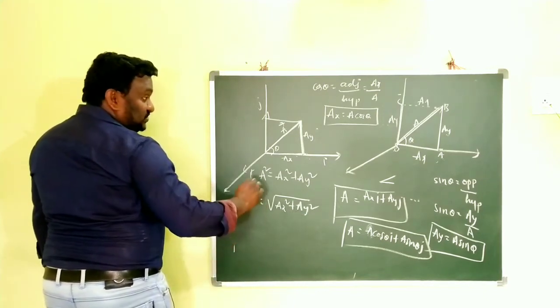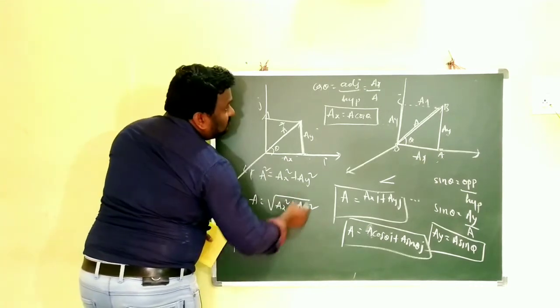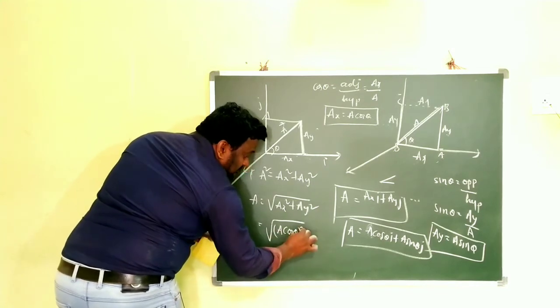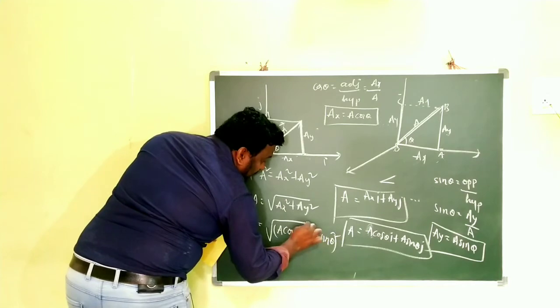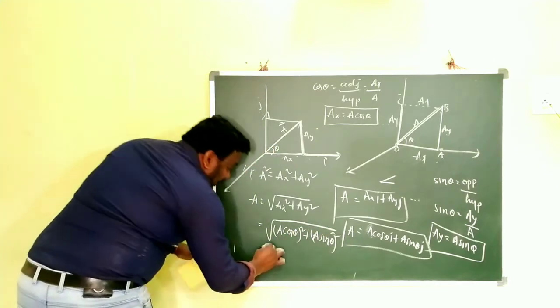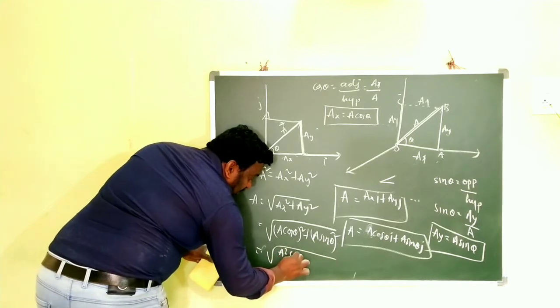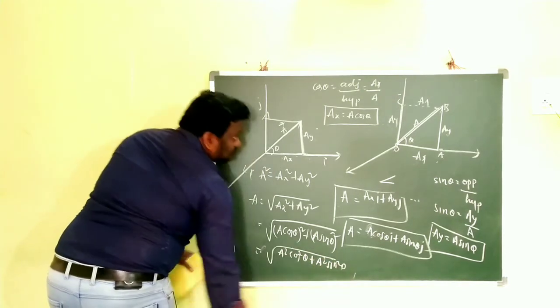If you want to check whether it is right or wrong, just check. AX is A cos theta, so take A cos theta whole square plus A sin theta whole square. That is equal to A square cos square theta plus A square sin square theta.